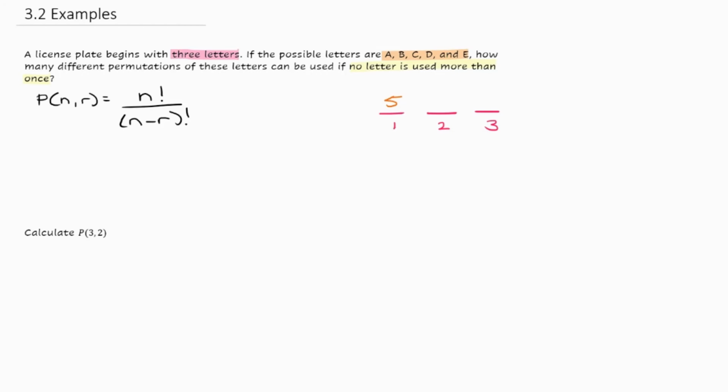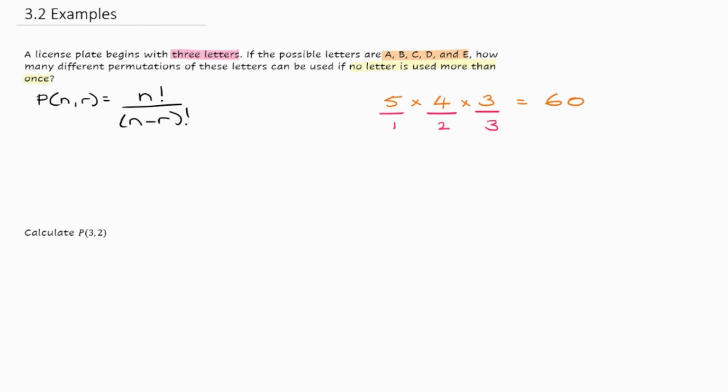In the second part, I'd only have 4 different letters left if I wasn't to repeat them. And then finally, in my last spot, I would have 3 left over here. So the number of permutations would just be 5 times 4 times 3, which would give me 60.